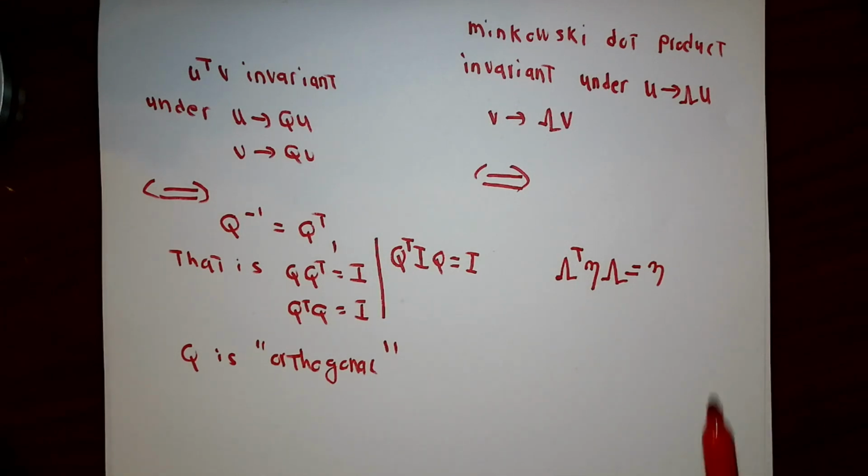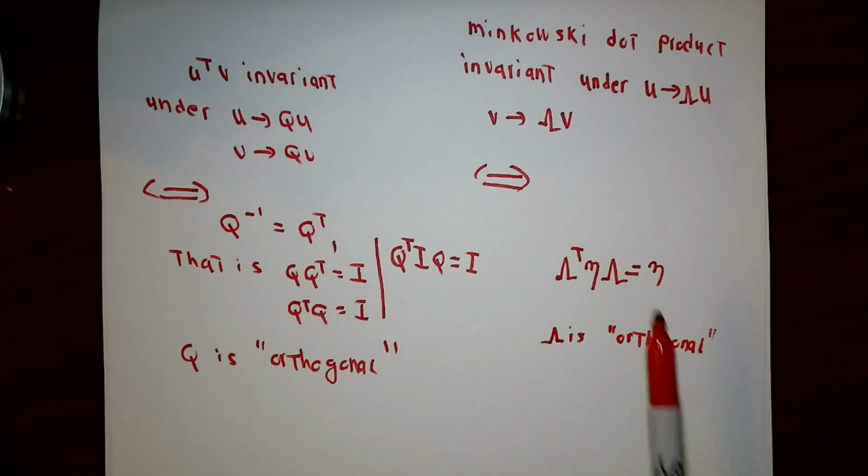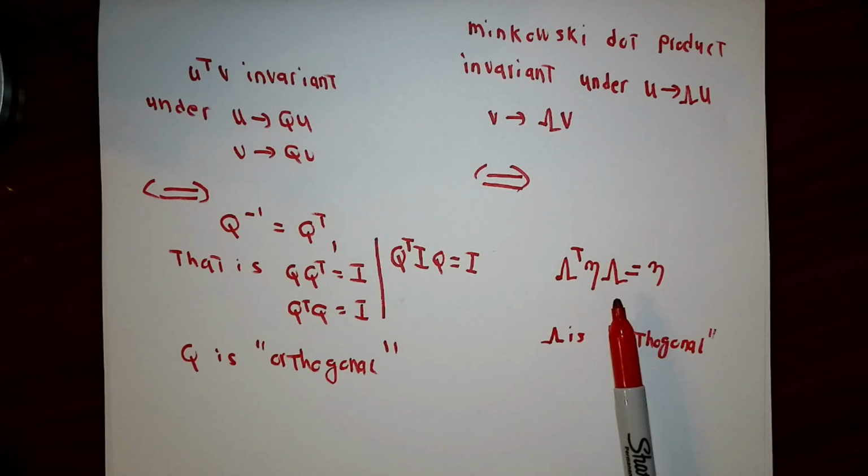Physicists give a special name for this kind of lambda. The fact that they call such a thing orthogonal is enough to drive a person half crazy. We should call this kind of behavior Minkowski orthogonal, or special relativity orthogonal, or some such name, but that's not what they do.